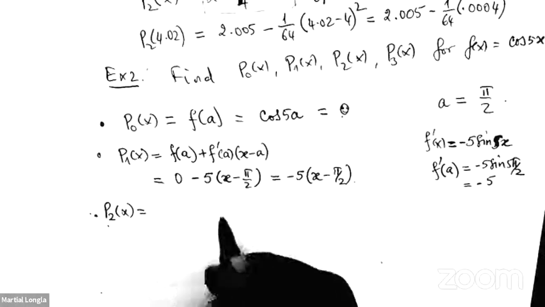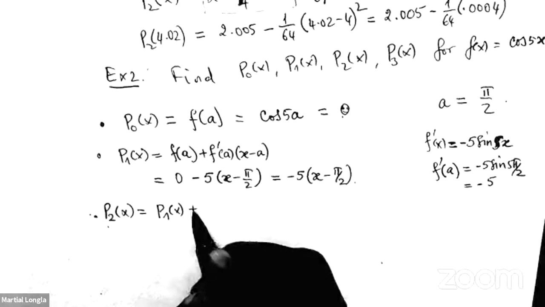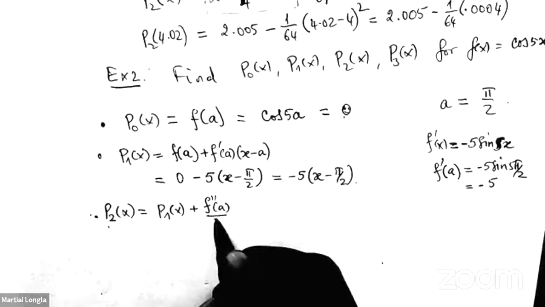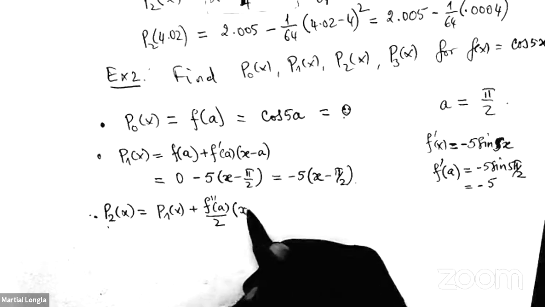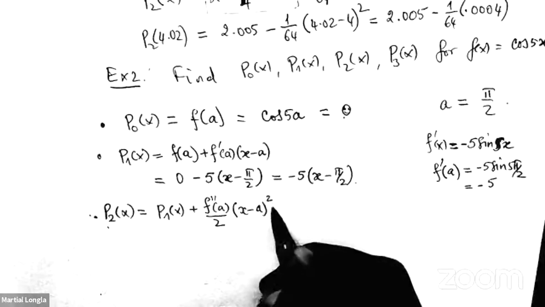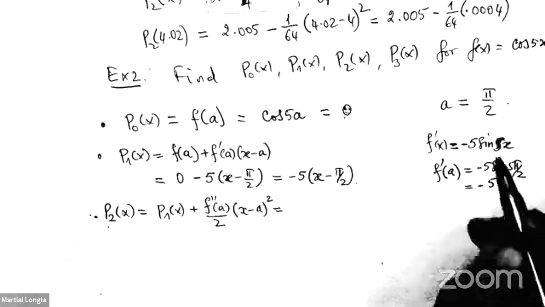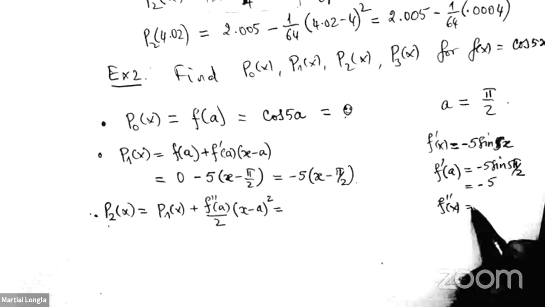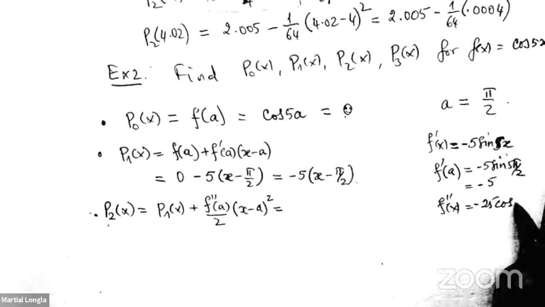P2 of x, I can say that's just P1 of x plus, and now here you need the second derivative. Second derivative is negative 25 cosine 5x. Correct.